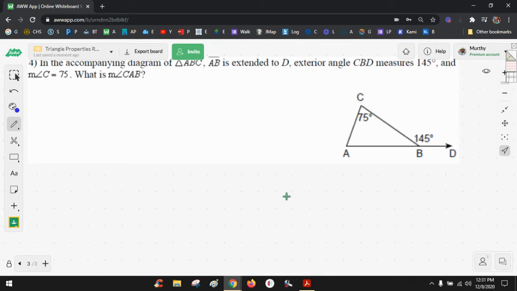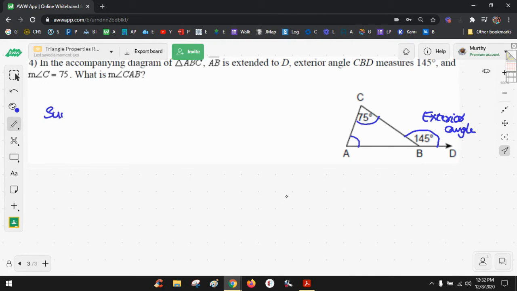In a triangle, I see 75 degrees here, and this one is not given, and this is also not given. And I see 145 degrees, this is the exterior. Exterior means outside the triangle. Right? This is the exterior angle.